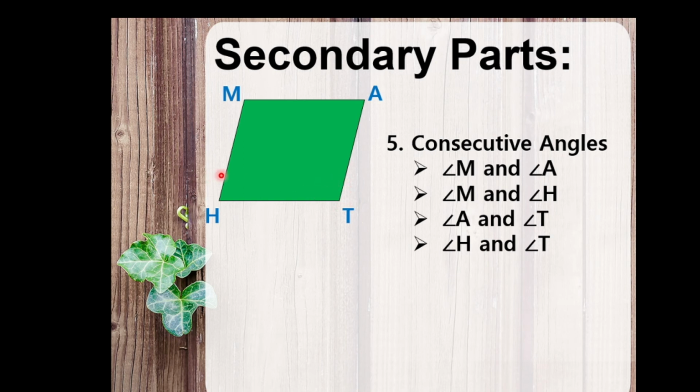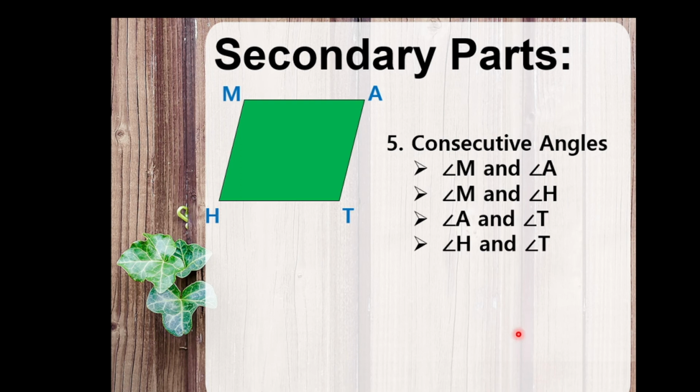Angle T and angle H are consecutive angles. They share segment HT as side. And lastly, we have angle H and angle M, which are a pair of consecutive angles that share segment HM.